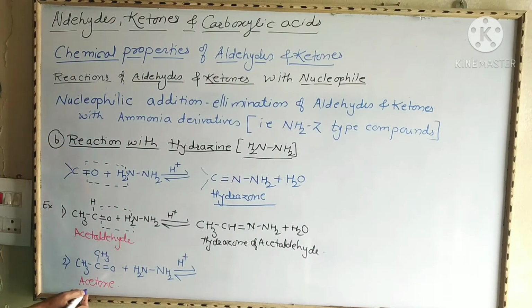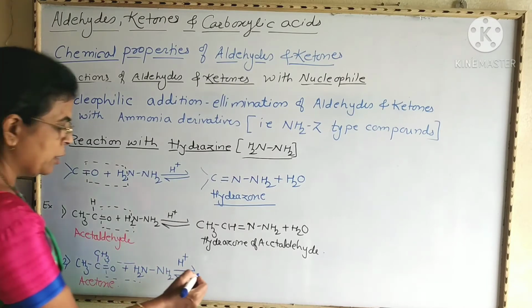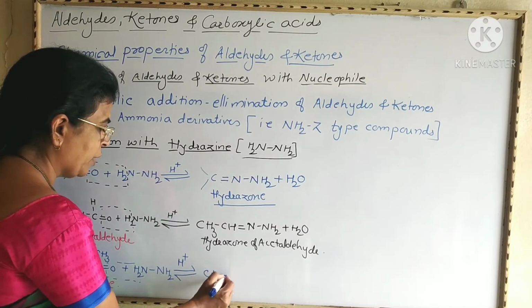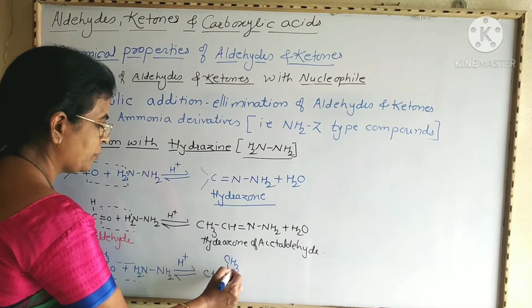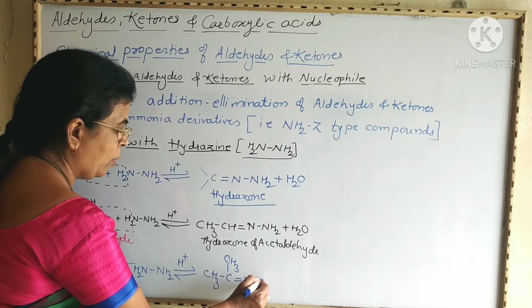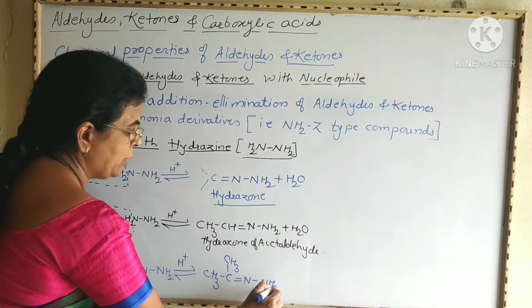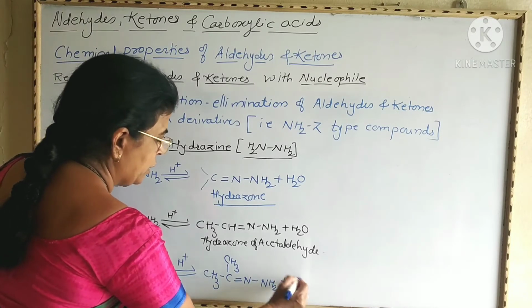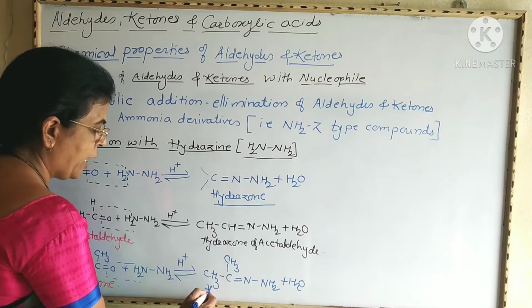And when acetone reacts with this hydrazine in weak acidic medium, removal of H2O takes place like this to form CH3 C CH3 double bond N NH2 plus H2O. This is the hydrazone of acetone.